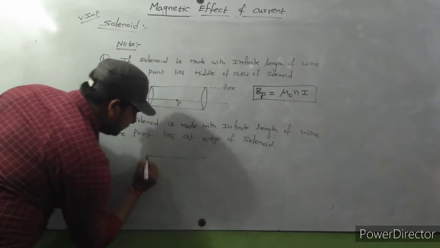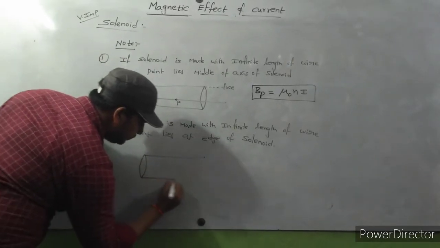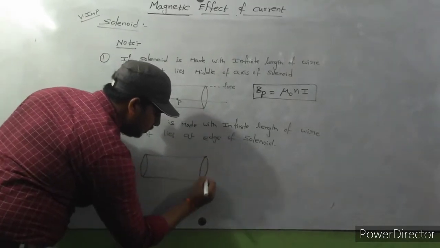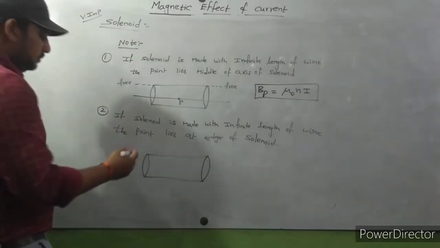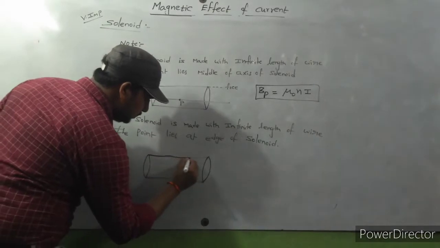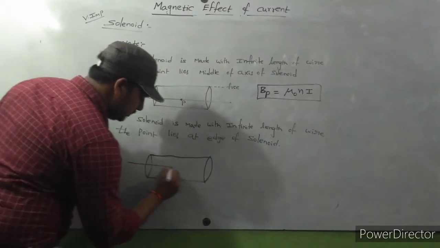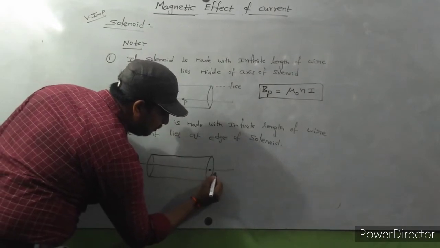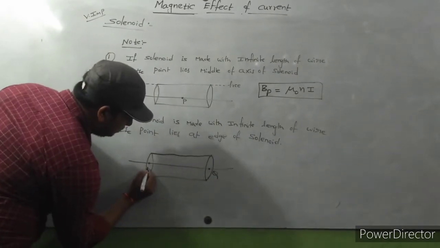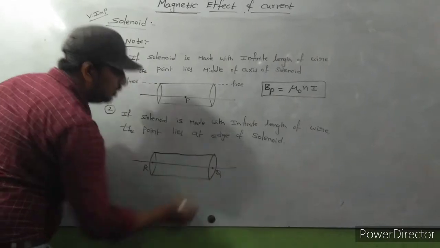Here I will draw a diagram clearly, observe carefully. This is the point, we consider some point Q, or it may be here. This is the edge of the solenoid.